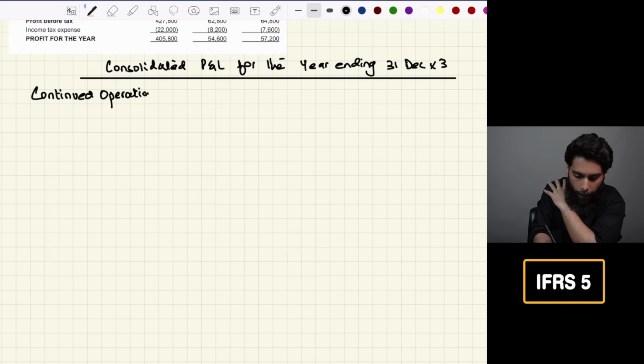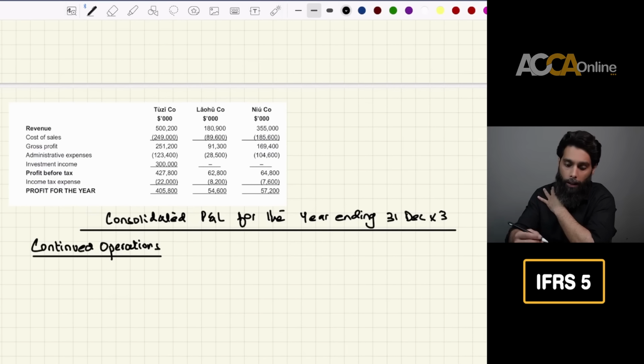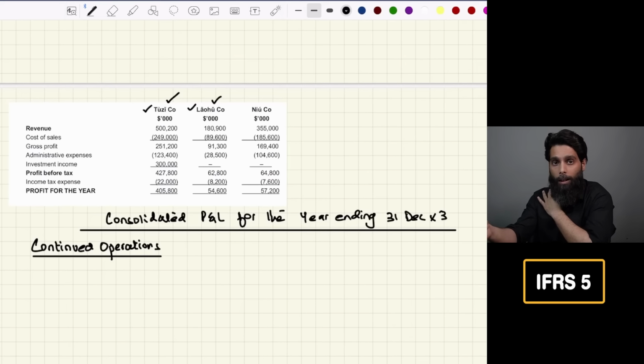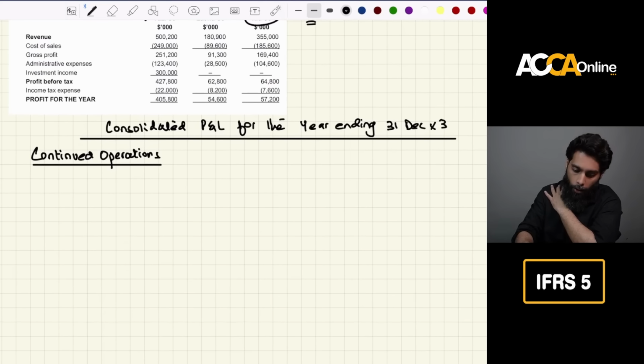When you are preparing a consolidated P&L for continuing operations, you only consider those operations which are going to be continued. That is this parent company and this subsidiary. So you take Zed company and Leo company only, because these are going to be continued next year as well. Whereas New company is a discontinued operation and will not be continued next year. So how do you prepare a continuing operation consolidated P&L?